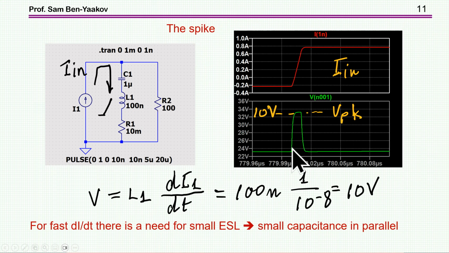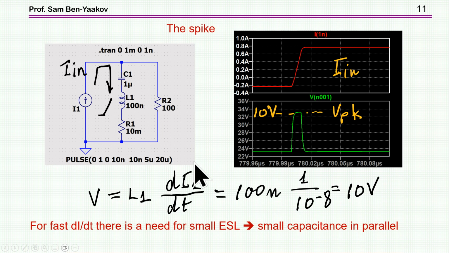On the other hand, the spike is due to the dI/dt and the inductance. So the larger the inductance, the faster the dI/dt, the larger will be the spike. This is now the spike. You see that it is like a constant voltage as long as you have the dI/dt here.